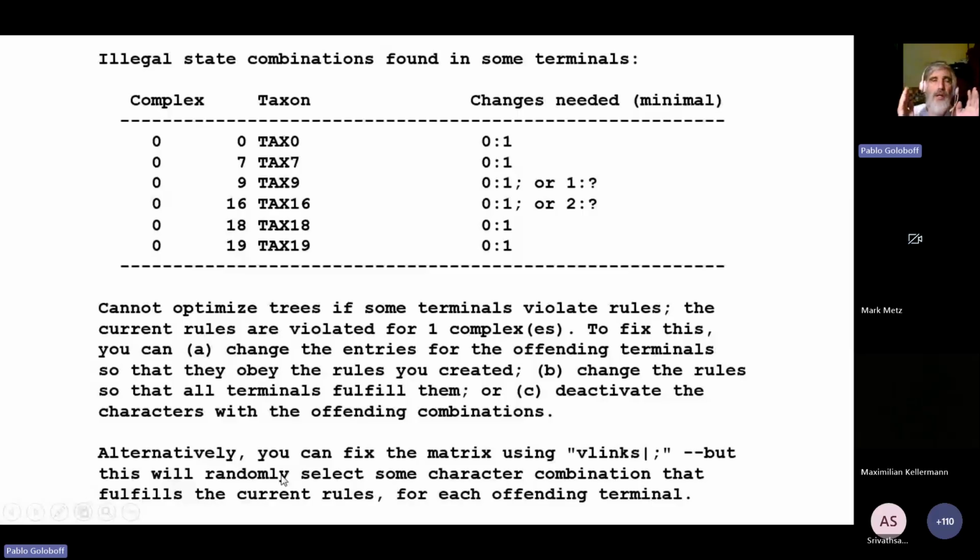So from among the multiple possible, because for example, for taxon 9, you can either change the tail to be present or the color to be a missing entry. Either of those is going to be chosen at random by the vlinks, I don't know how to call that, pipe. So you can use that to quickly take a look at your matrix, but it's not the ideal. You really should go and fix the matrix.